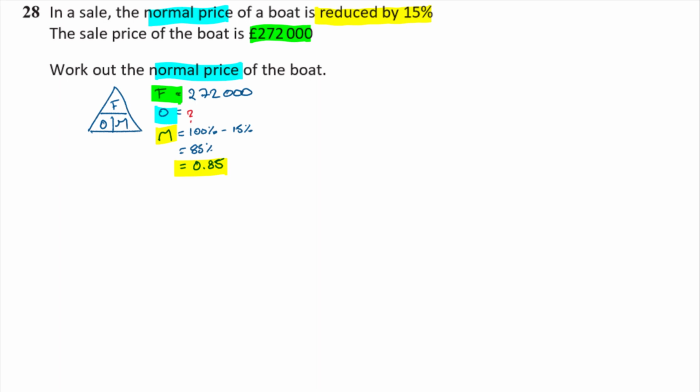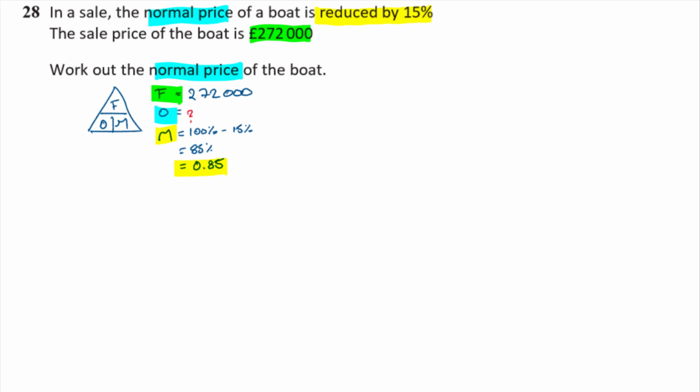Either way, you can work out which one happens first, which is the original, and which one happens second, which is going to be the final. So in the past, the normal price, currently in the present, the sale price. Okay, so the sale price happens after the normal price. So that's the way we can tell which is which.